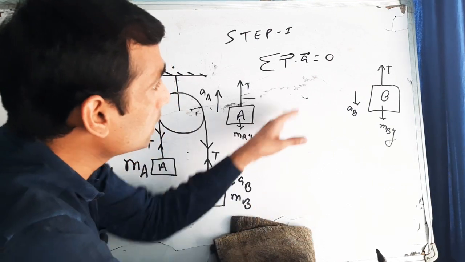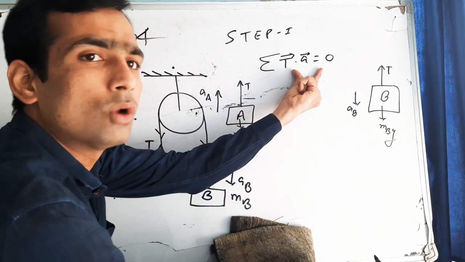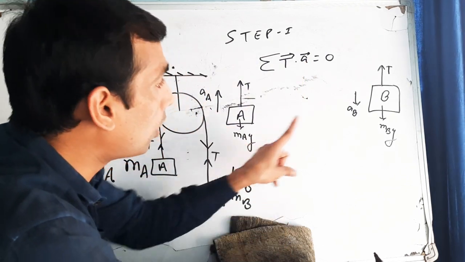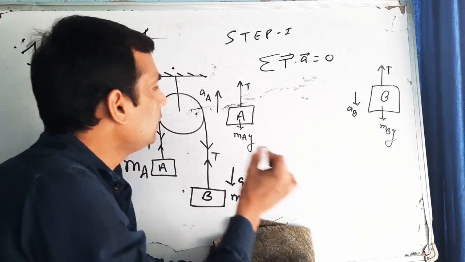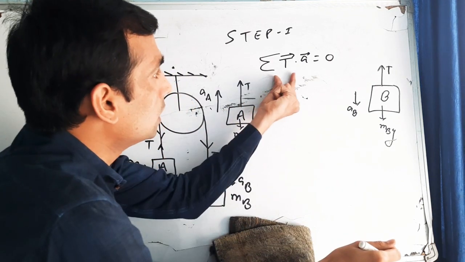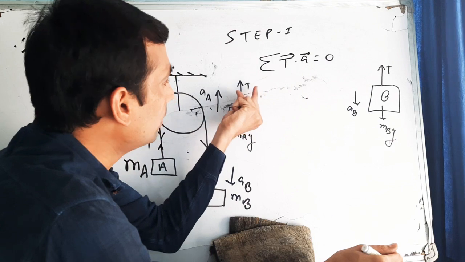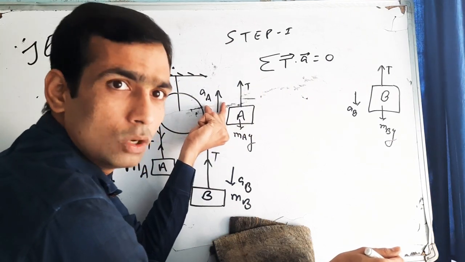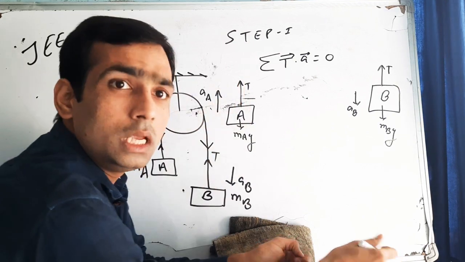What does this mean? Summation of T dot A means you can apply T dot A individually on every block. So this is T dot A, not mg. Summation of T dot A means how much tension is acting, what is the direction, and what is the value of the acceleration, acting in which direction.